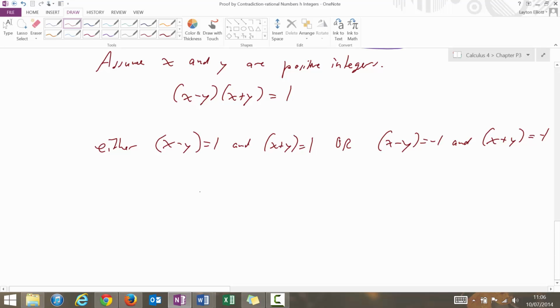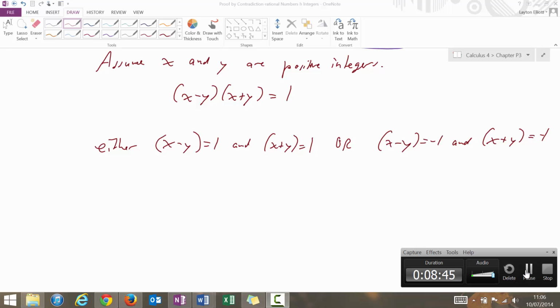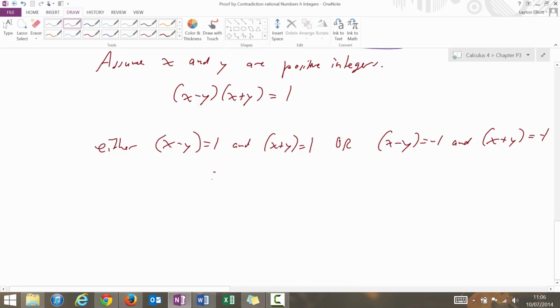So if I continue with the first one, if x minus y equals 1 and x plus y equals 1, if I solve them as a system of equations, let's just add the left and add the right. X minus y equals 1, x plus y equals 1, 2x is equal to 2, and x is equal to 1, which makes y equal to 0.